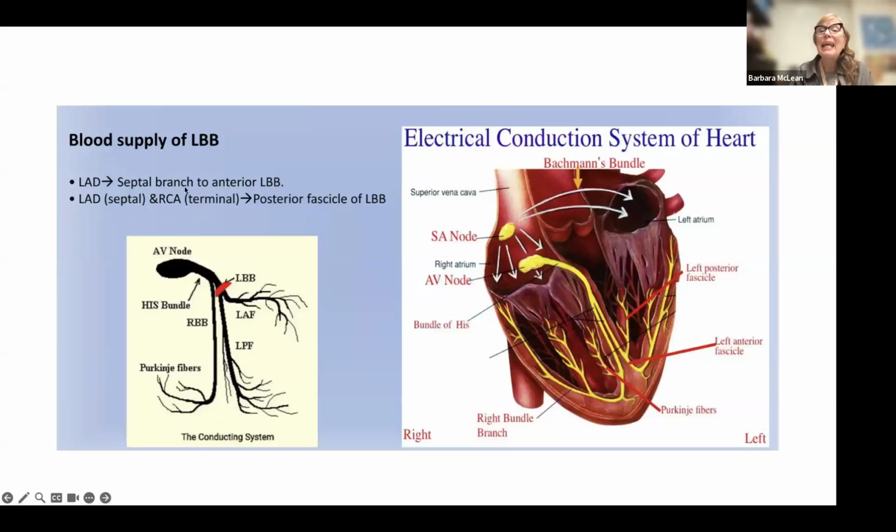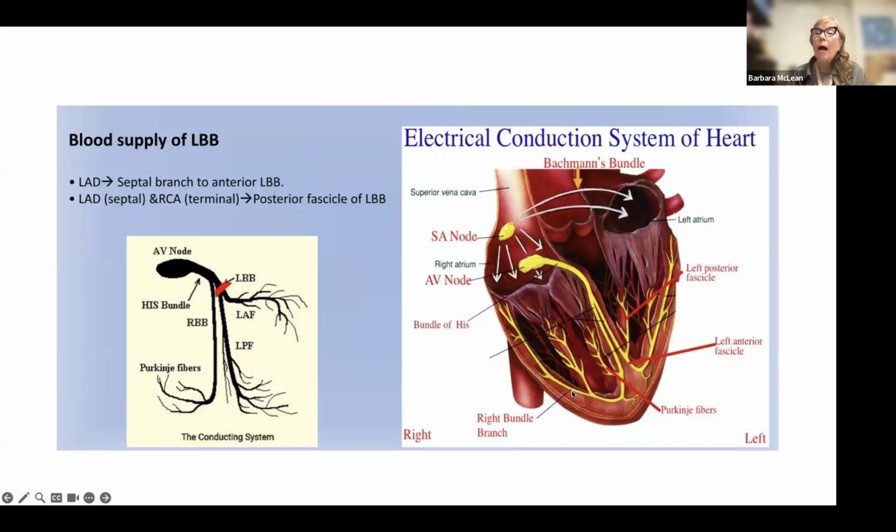The septal LAD supplies your right bundle. So the LAD in general is responsible for the anterior fascicle of the left bundle, as well as the right bundle.